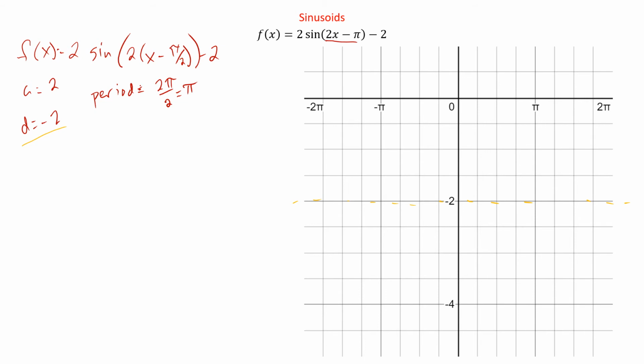The amplitude is 2, so we're going to be going up to there and down to there, up to the axis, down to -4. We're going to start out at pi over 2, shifted over. So pi over 2 is going to be right here. And the period is going to be pi. So after pi, which is 4 boxes here, that's going to be 1 full sine rotation.